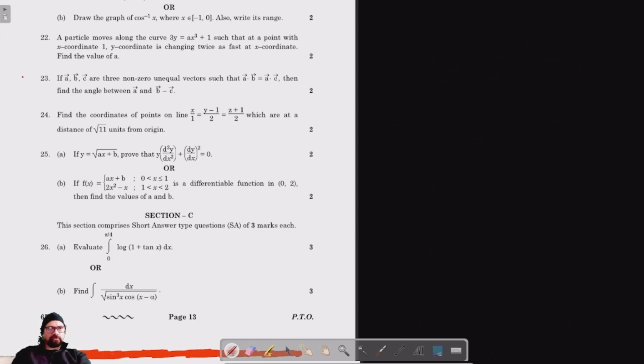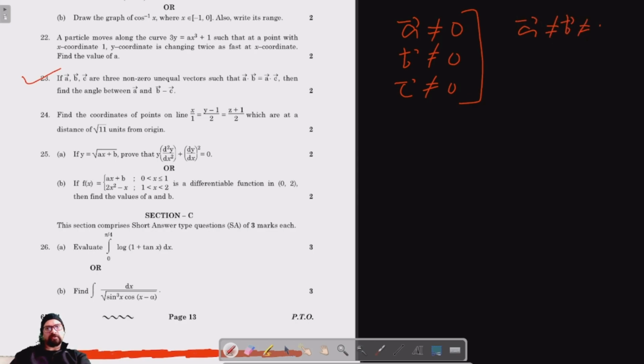For question number 23, it's given that A, B, and C are three non-zero unequal vectors. So that means A is not equal to 0, B is not equal to 0, and C is not equal to 0. Just remember that. And these are unequal.